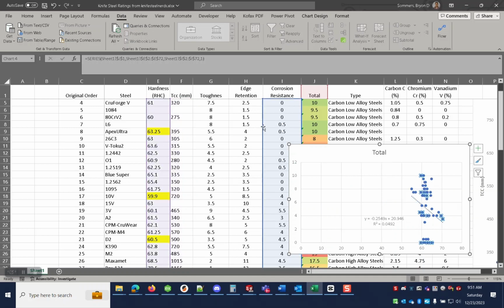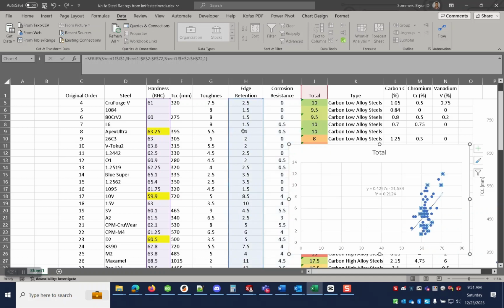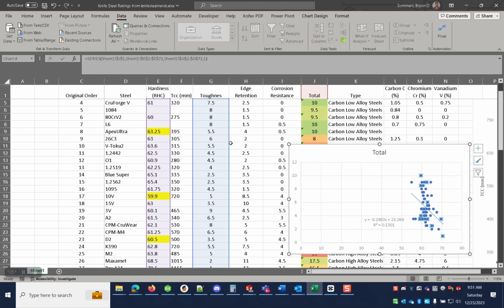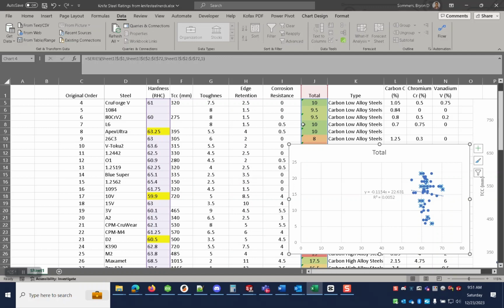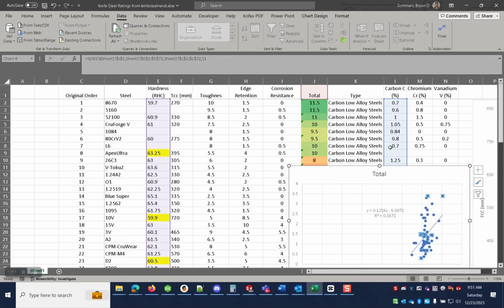No relationship. How about we swap to hardness? Carbon content against hardness. Yeah, there's a weak relationship. I would expect that to be stronger.